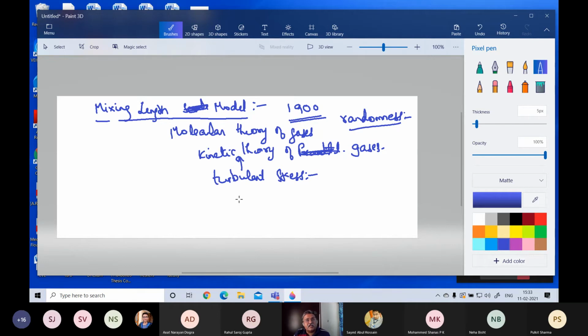And then using that, we will derive an analogy like Prandtl did. Just the same analogy is applied to the turbulent fluid flows, and you will see. So first let us go into the kinetic theory of gases.